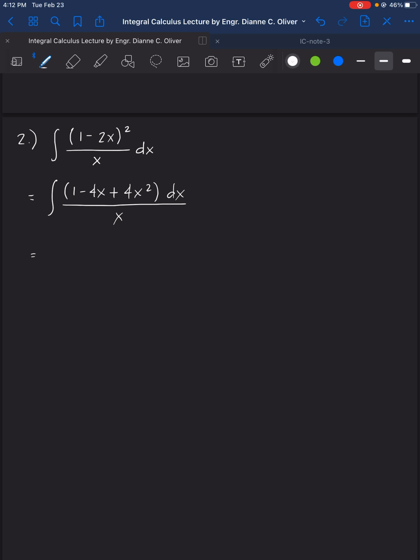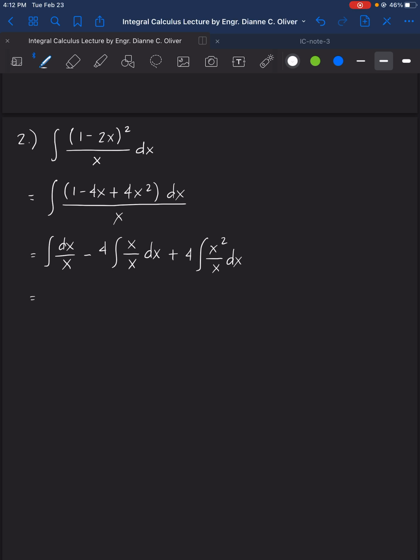Then we can distribute: dx over x minus 4x over x dx plus 4x squared over x dx.